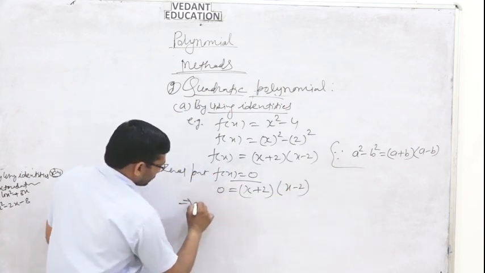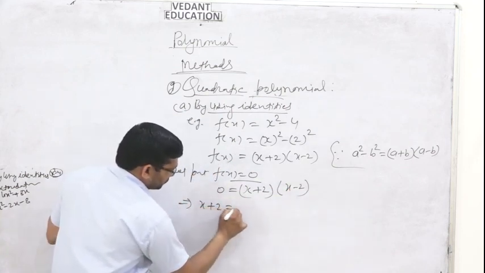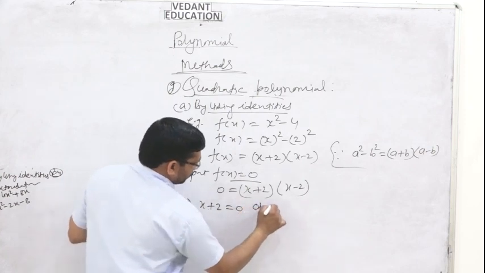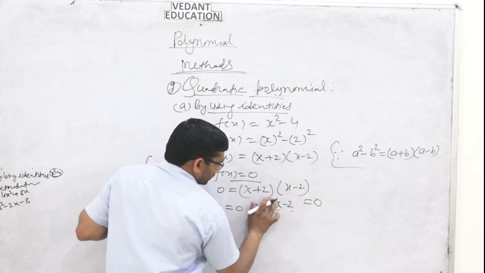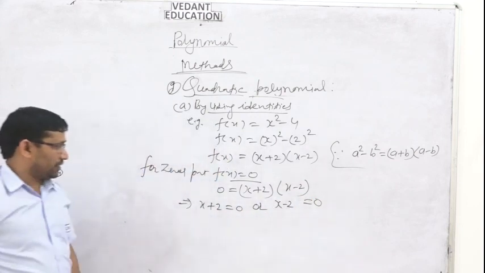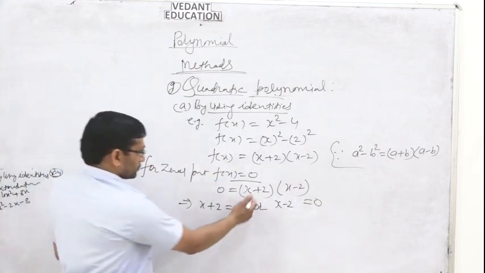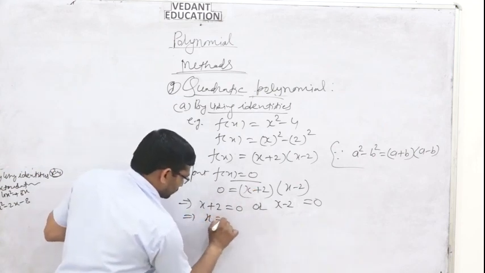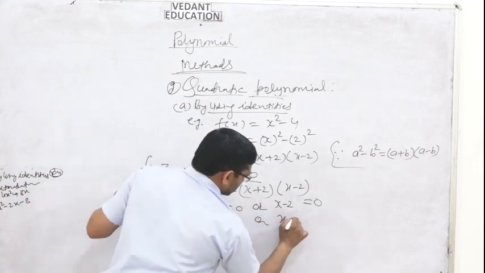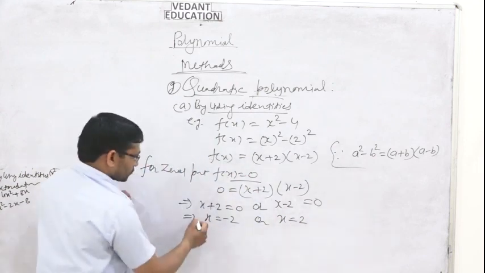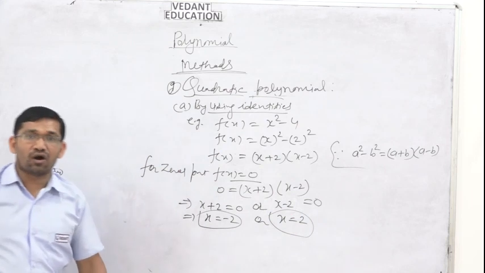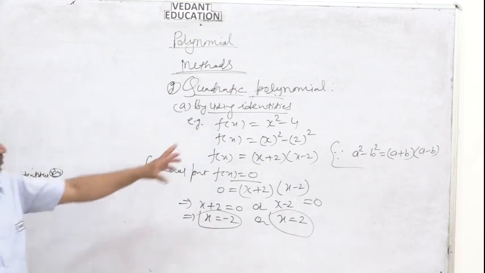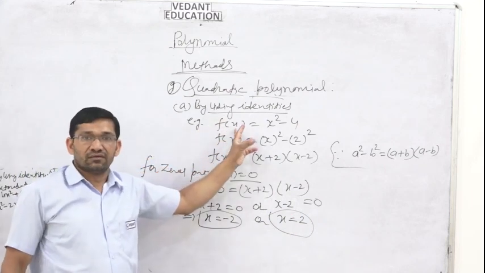That is, x plus 2 is equal to 0 or x minus 2 is equal to 0. For this, x is equal to minus 2 and x is equal to plus 2. So x is equal to minus 2 and x is equal to 2 are the zeros of polynomial f(x).